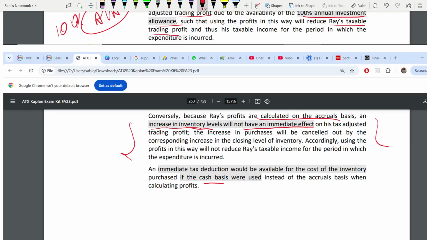It's not going to have any immediate effect on your tax adjusted trading profit. Why? If you increase the purchases, it will be cancelled out automatically by the increase in closing inventory. So this will not reduce their taxable income. But if you're using the cash basis instead, then there's an immediate tax deduction for the cost of inventory. You can deduct it from profit.